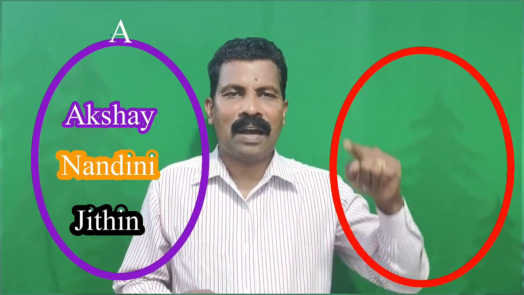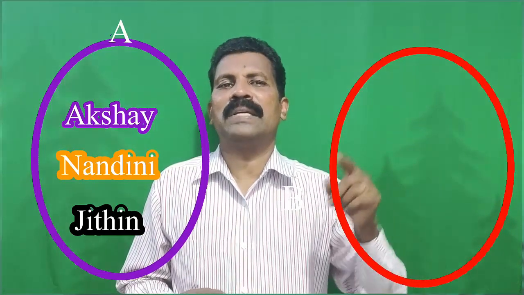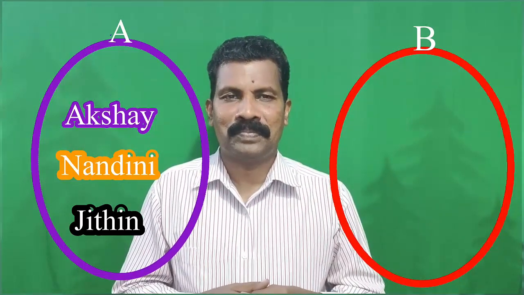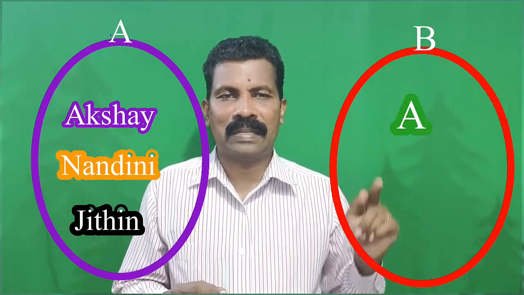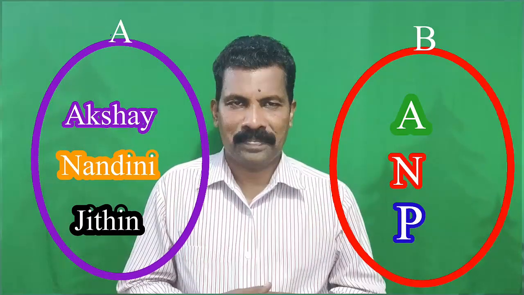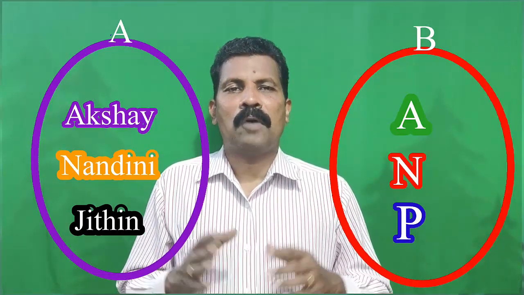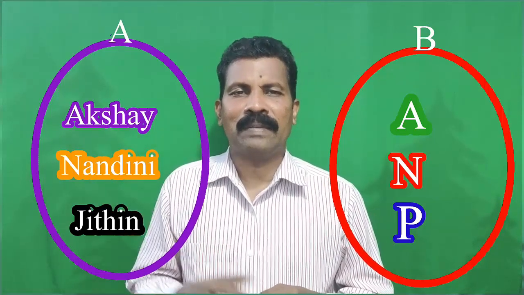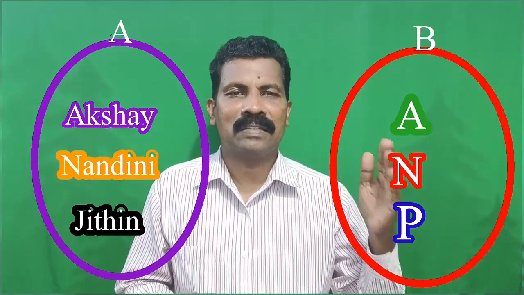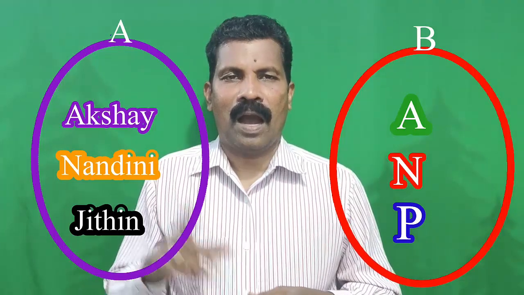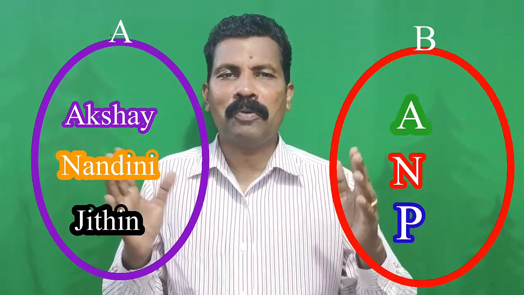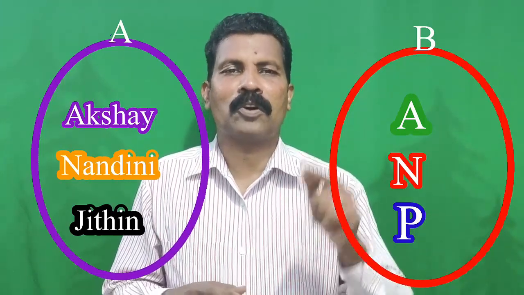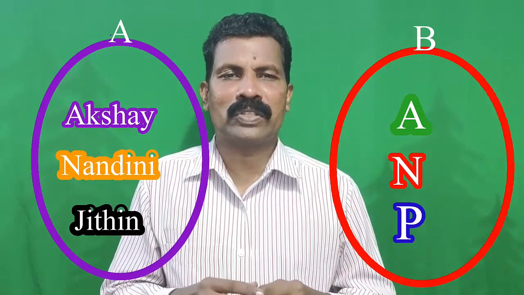Now let us consider another set capital B here, which is a non-empty set having three elements, capital A, capital N and capital P. So we have two non-empty sets, A and B. And we know how to form A cross B, that is Cartesian product or cross product of these two sets A and B.